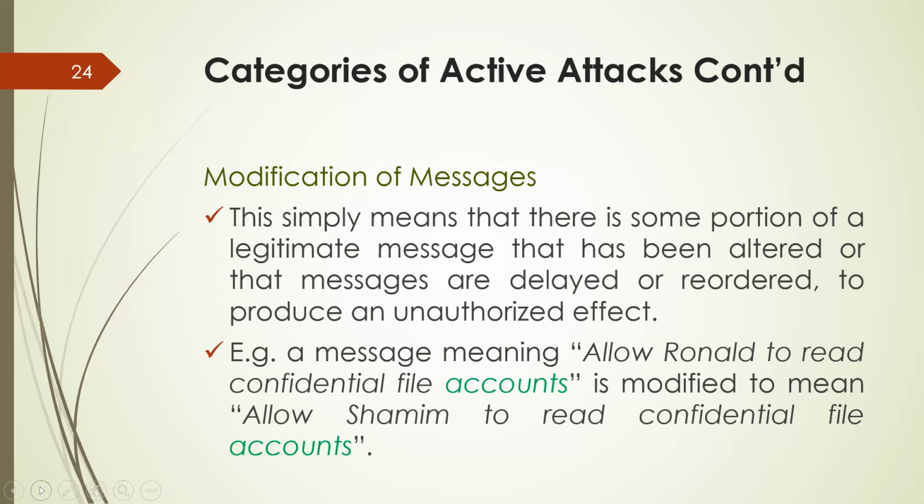for example, allow Ronald to read confidential file passwords or accounts can be modified to allow Shamim to read confidential file accounts. I'm telling you, they can even change Ronald to Shamim, accounts to passwords.